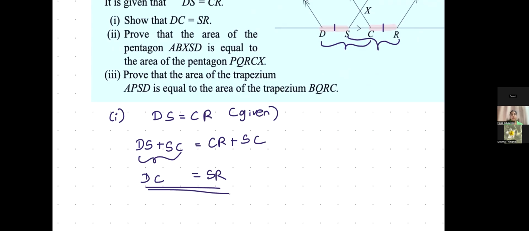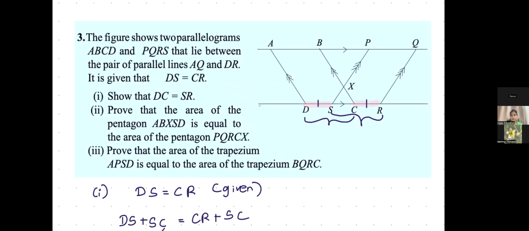Then read. Prove that the area of the pentagon ABXSD, okay, ABXSD is this pentagon.